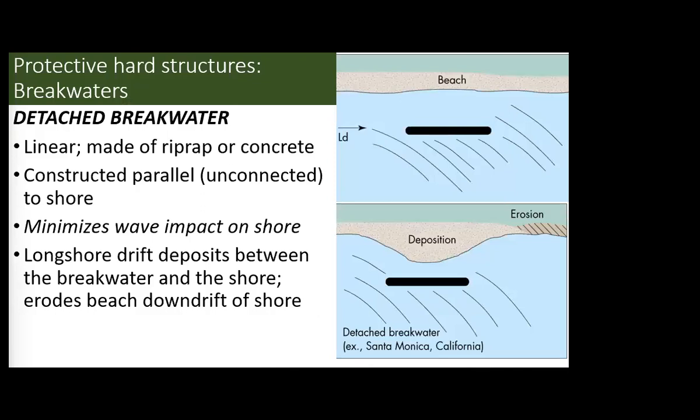Then we can have detached breakwaters, where they're not attached to the shoreline whatsoever. You just throw it out into the ocean, maybe a couple dozen meters off the shore. They're made of the same stuff, riprap or concrete. Riprap is just those big boulders that they break apart and throw together. They're parallel to the shoreline.